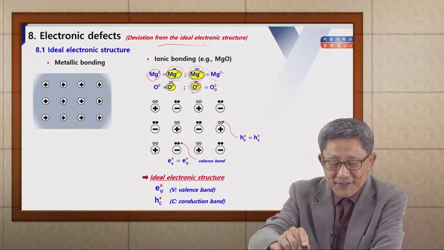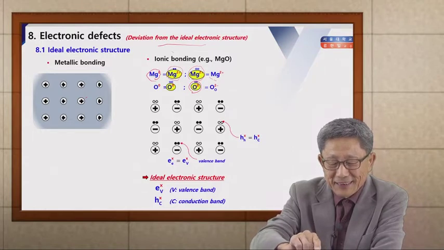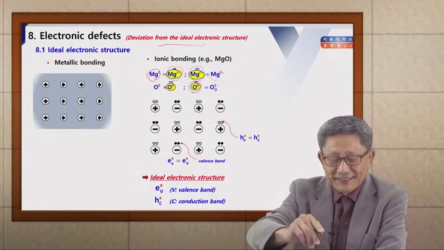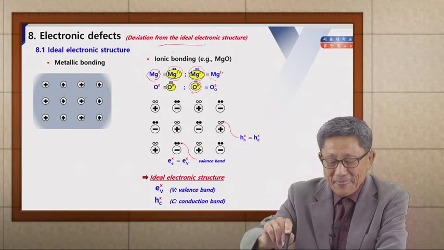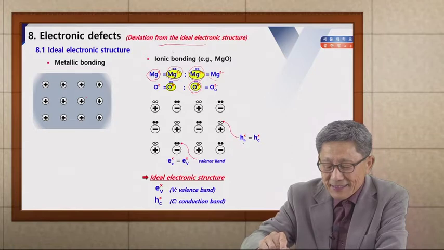Say electrons which used to be with cations come to the anion here. Okay, so electrons are very much localized. So here, the empty site around the cation, you see, this is the site for holes.